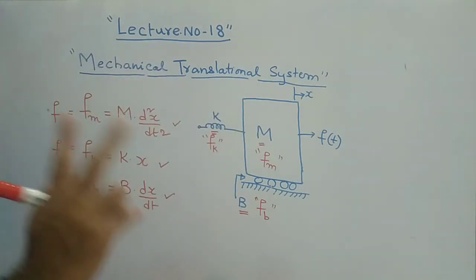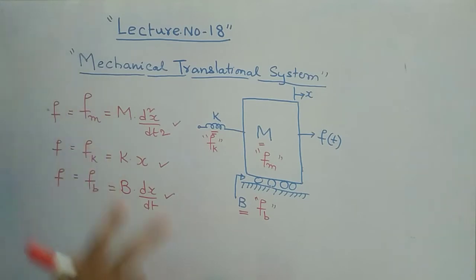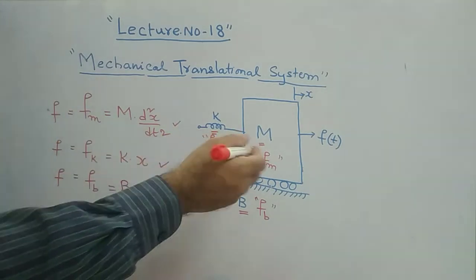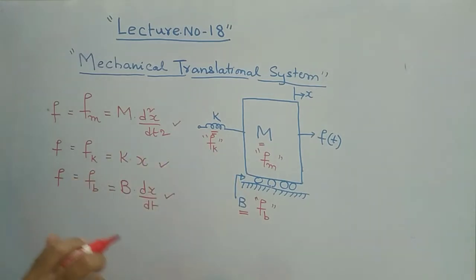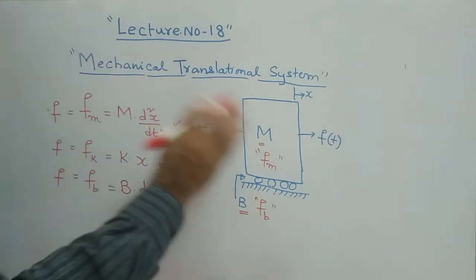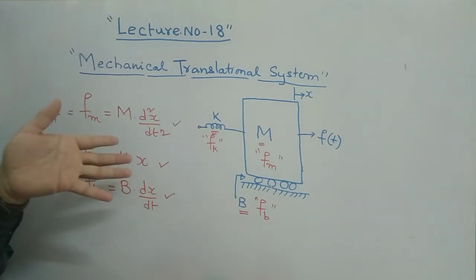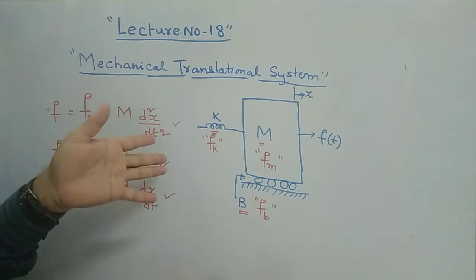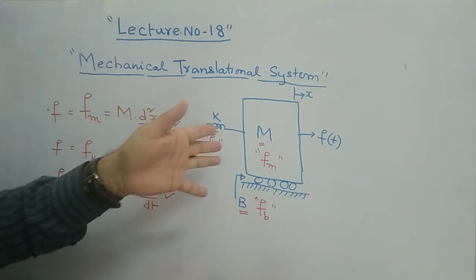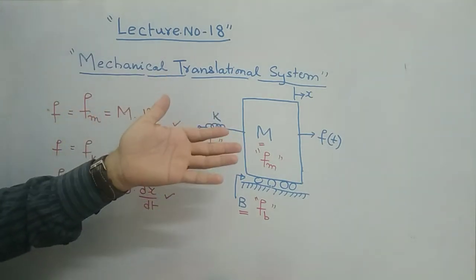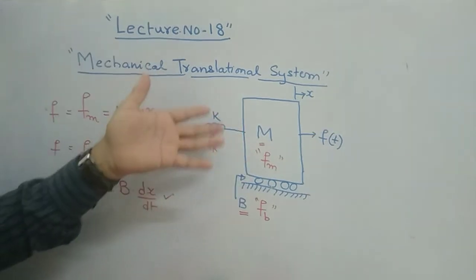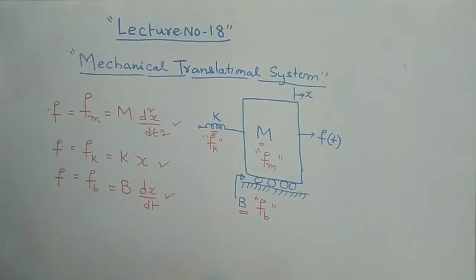These are the two possibilities you will be expected to solve. You must keep that in your brain, and I will explain how the differential equation is noted down for the given mechanical system, as well as how the transfer function is obtained.